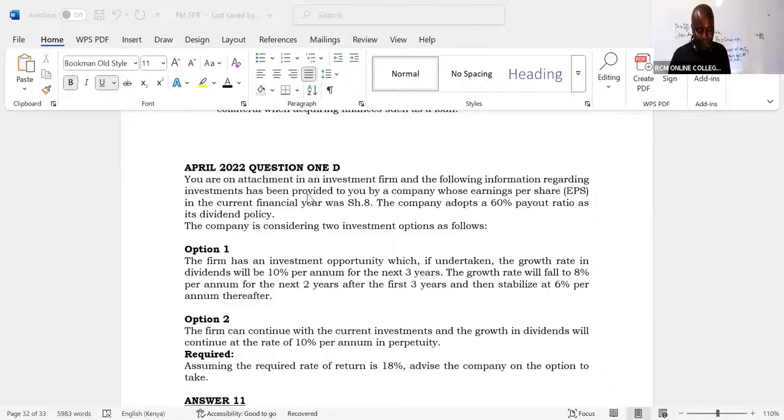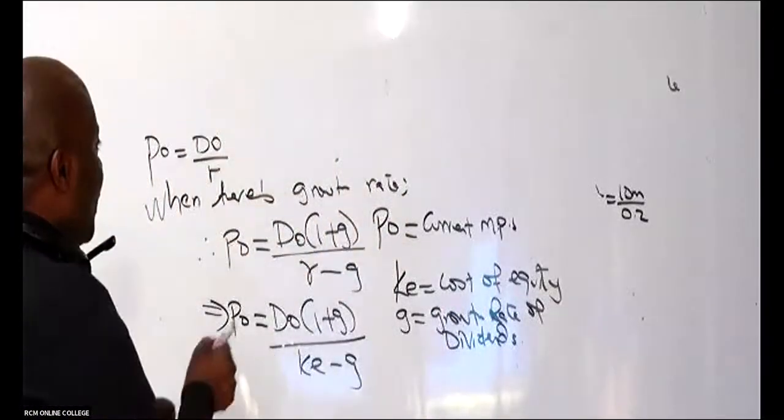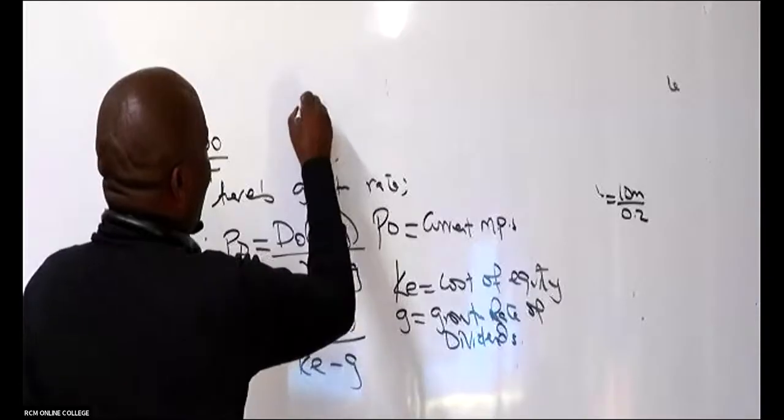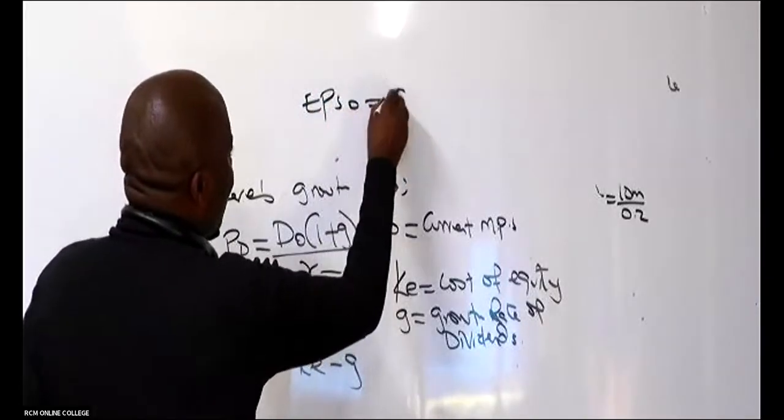I repeat, ladies and gentlemen, you are on attachment in an investment firm, and the following information has been provided to you by a company whose earnings per share in the current financial year is 8, and the dividend payout ratio is 60%. So we can see that the EPS in the current year is 8.